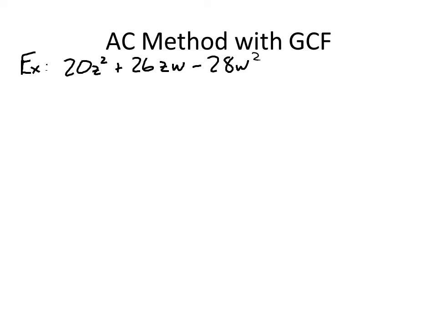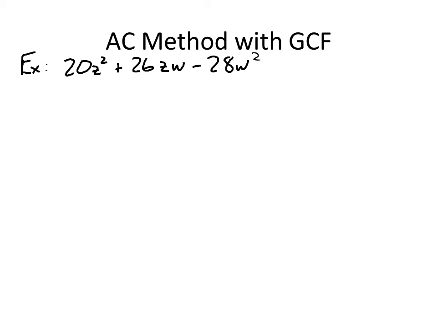Okay. Our next example shows us that we always need to make sure we look to take out the greatest common factor before we do any sort of factoring. So we've got 20z squared plus 26zw minus 28w squared. If you look at that, something should pop out to you: all the numbers are divisible by 2.